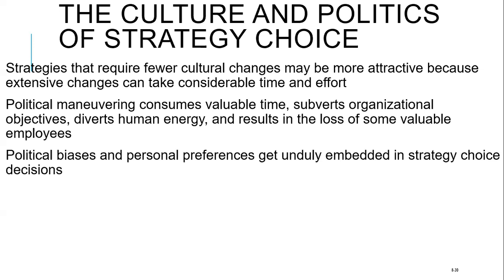So at the end of the day, we are looking for objective criteria to inform the strategic choice. When strategic decisions are influenced by political biases or personal preferences rather than an objective analysis, which is informed by hardcore data, particularly from the input stage, then the quality of those decisions can be compromised. And that is not what we are interested in.